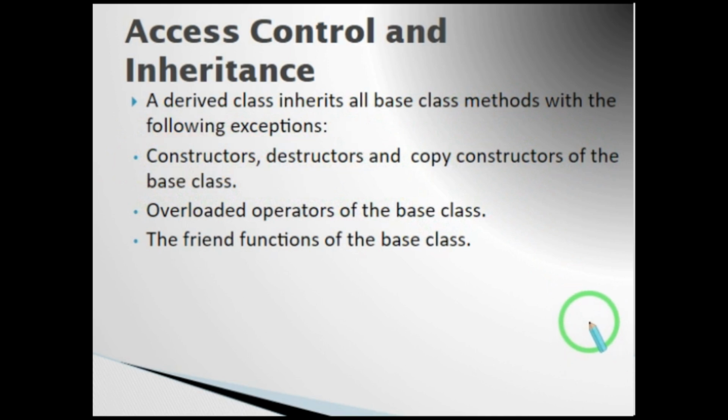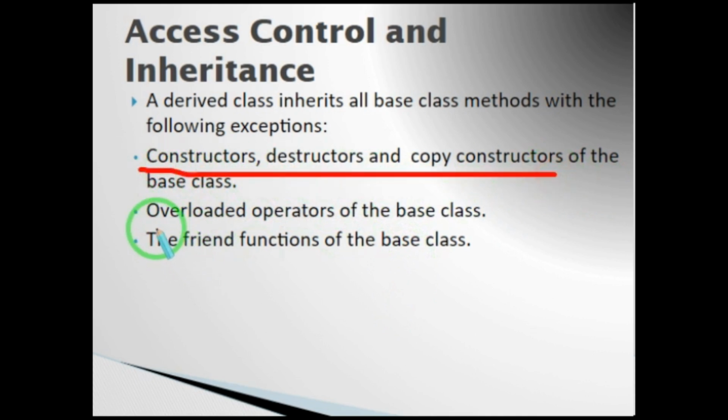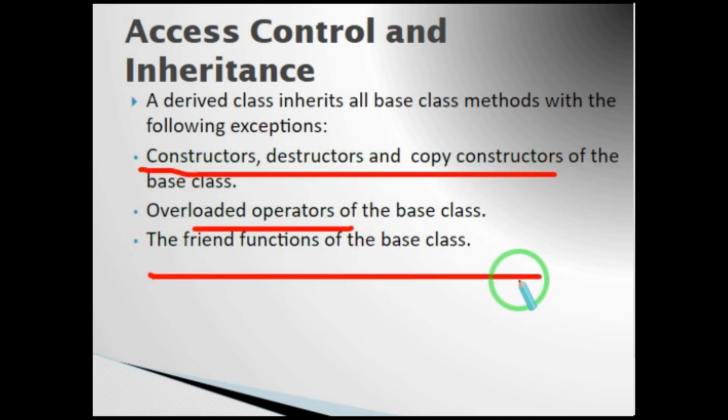Overloaded operator functions of the base class cannot get inherited in a derived class, and also friend functions of the base class are not inherited in a derived class. Except all these, all the functions of the base class you can inherit from base to derived class.